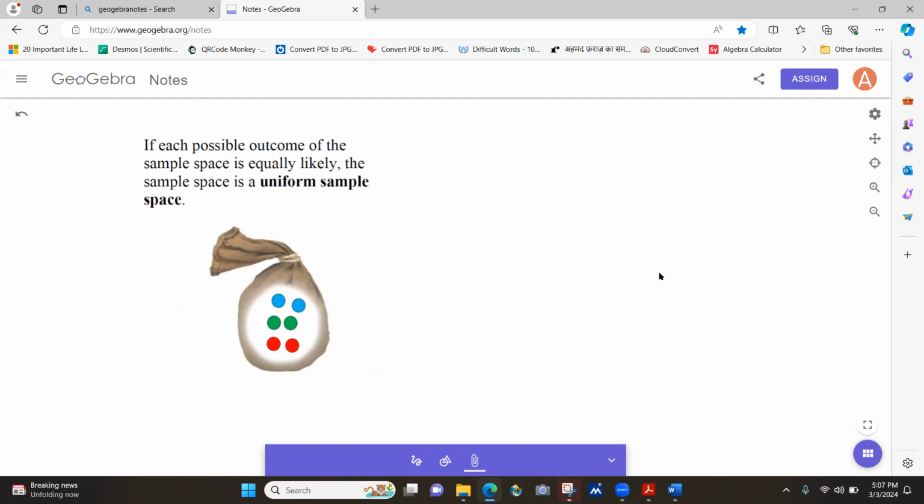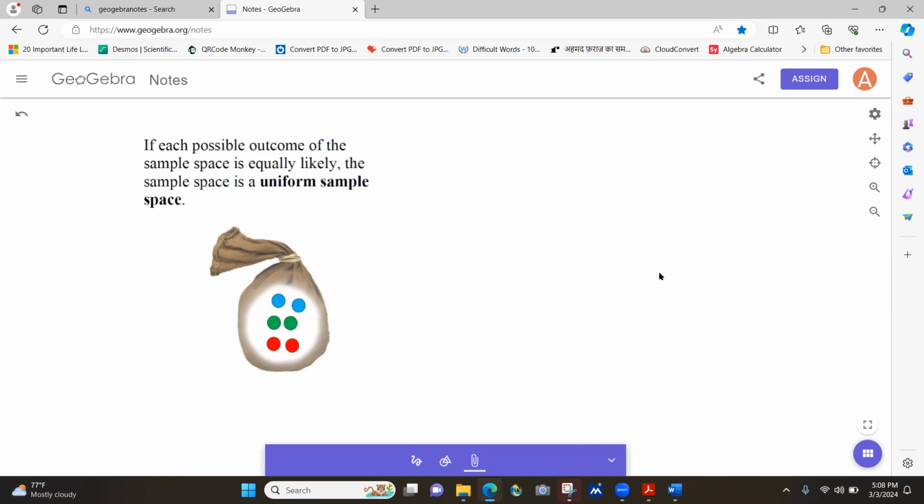Uniform sample space means the likelihood that you will get a blue marble is same as the likelihood that you will get a green marble, which is same as the likelihood that you will get a red marble. So they're all equally likely. All the outcomes are equally likely. Now, if all the outcomes are equally likely, we call the sample space a uniform sample space.